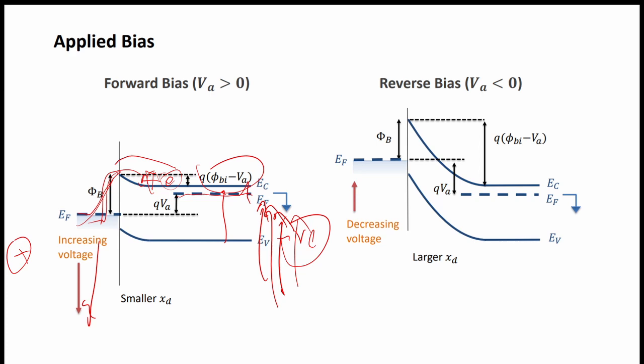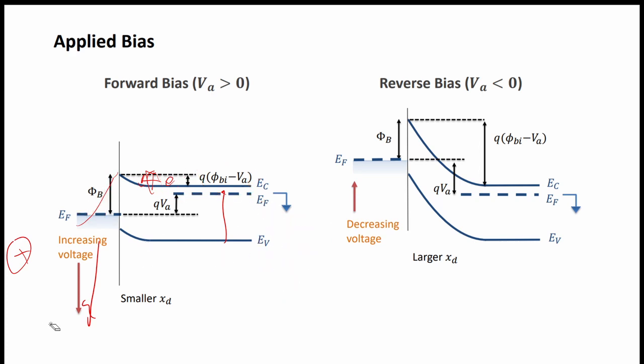In this case, when we apply forward bias, the depletion region width will decrease. The depletion region width will be smaller, and the barrier height, the built-in potential height, will be lesser.